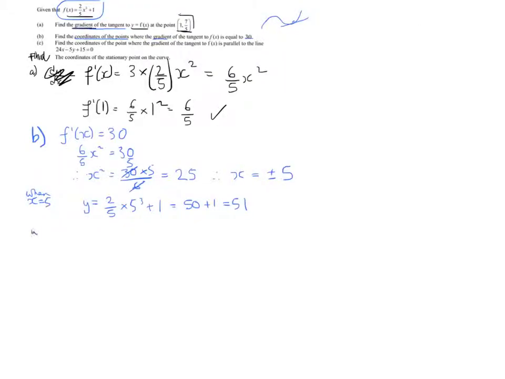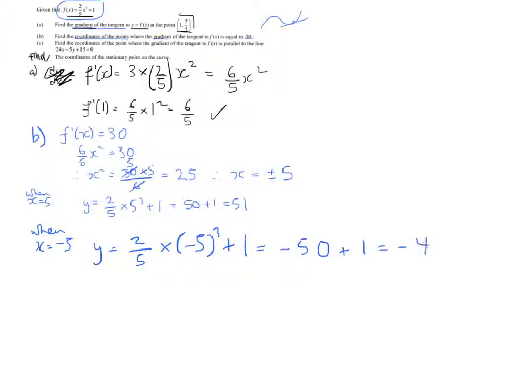And when x is minus 5, y is 2/5 times minus 5 cubed plus 1, which is minus 50, plus 1, which is minus 49. So our two sets of coordinates are 5, 51, and minus 5, minus 49. So these are the two coordinates of the points where the gradient of the tangent is equal to 30.